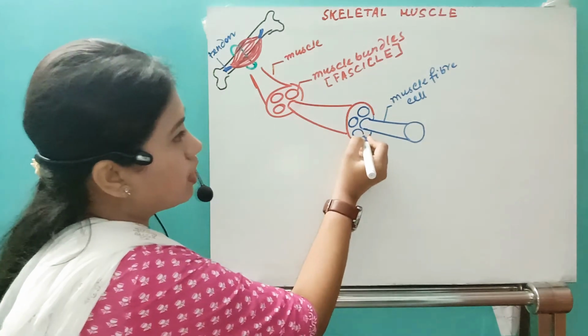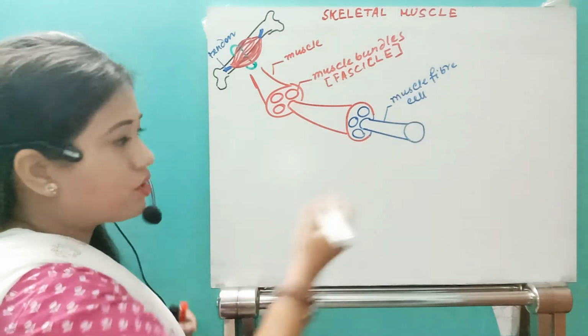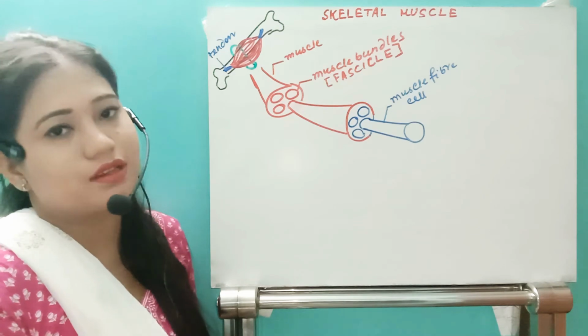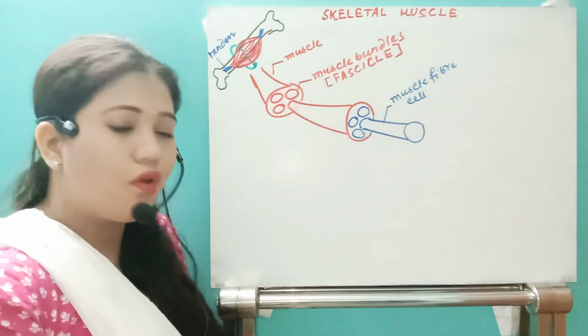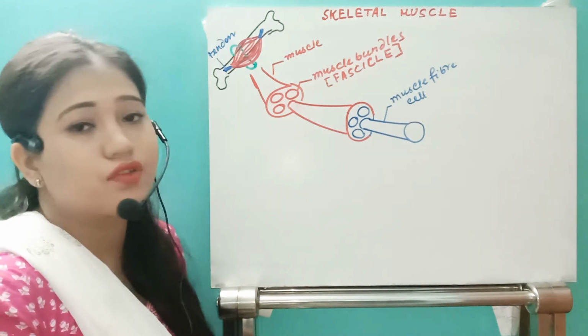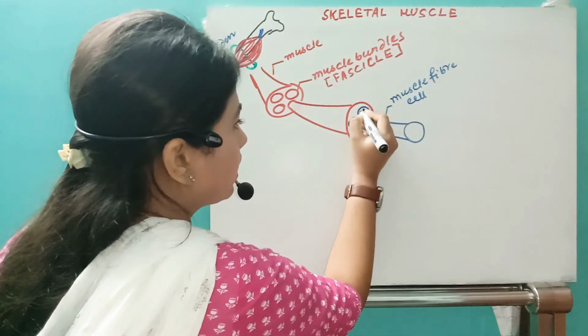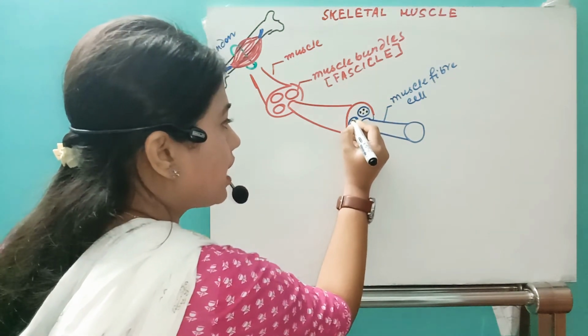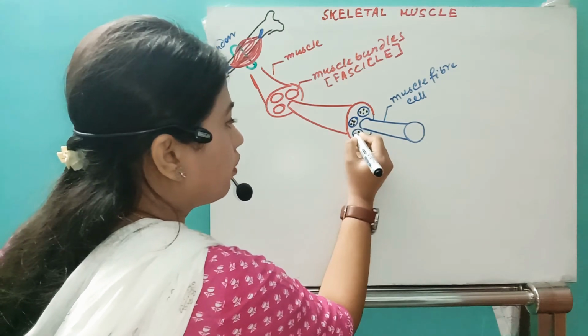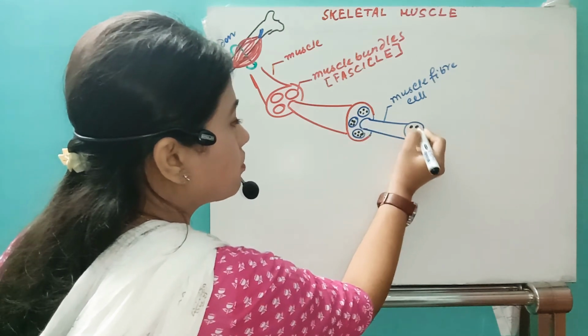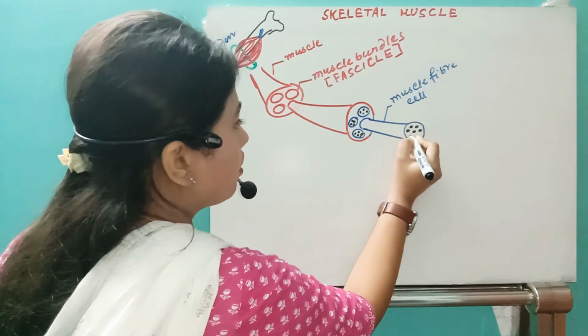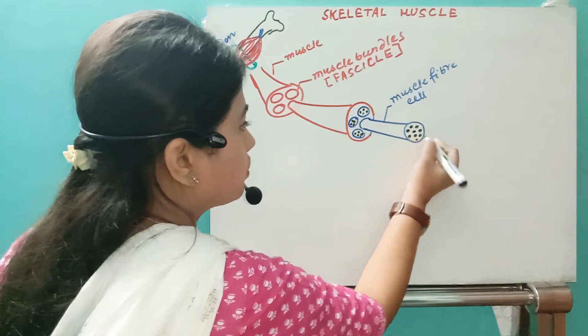These are the muscle fibers, and inside the muscle fibers, what happens? We are going to have a number of small filaments. So you can see inside the cells also we are going to have some filamentous structures. What are those filaments actually?